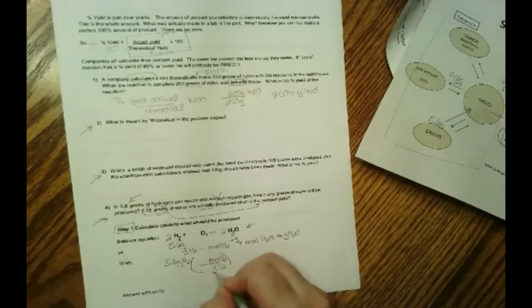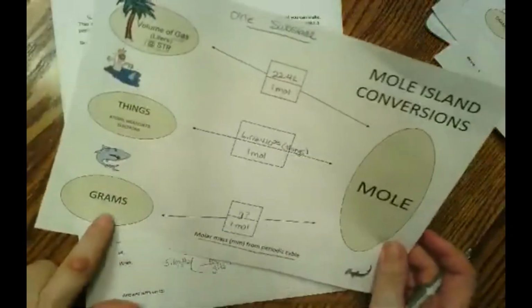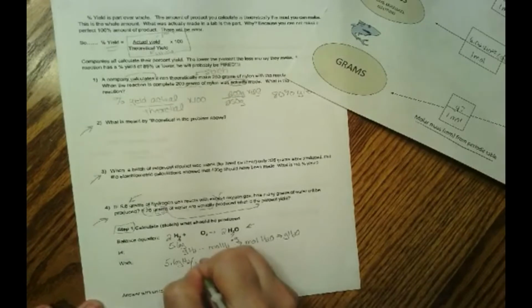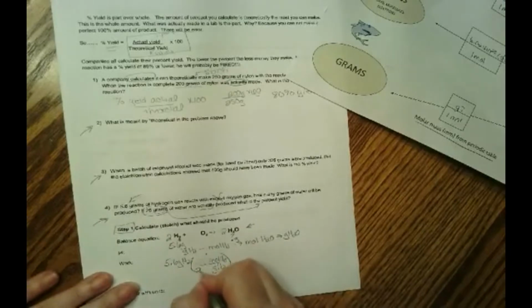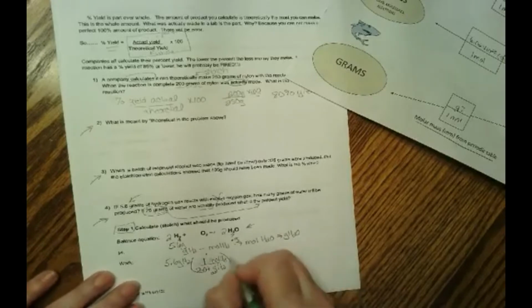What is my conversion factor? That's on our single mole island. I'm going from grams to moles. How many grams are in 1 mole? Well, hydrogen gas is 1.01, so I have 2.02 grams for every 1 mole. Okay, good.